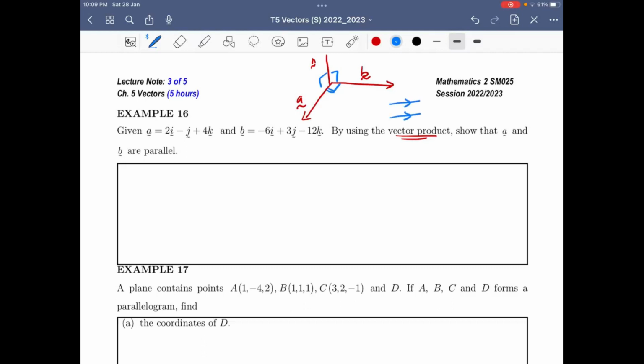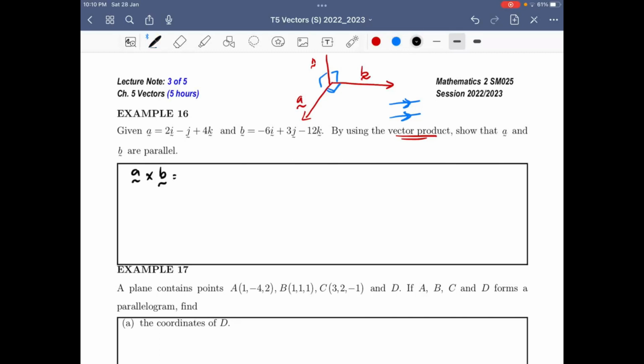If we use the vector product, then we can show that A cross B equals 0. This shows that two vectors are parallel to one another, like this. This one is perpendicular.